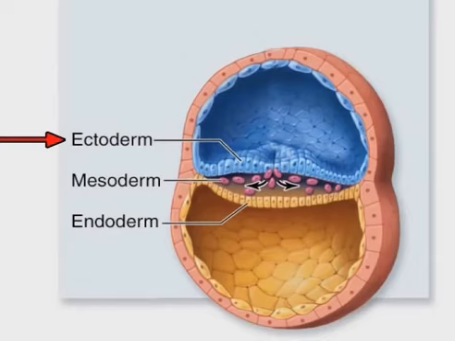The middle layer, called the mesoderm, is also present, from which muscles, skeleton, and the circulatory as well as the excretory organs develop. And finally, the innermost layer is called the endoderm, from which the gastrointestinal tract, the eustachian tube, lungs, pancreas, salivary glands, and such develop.